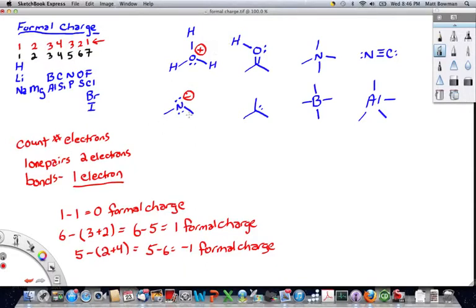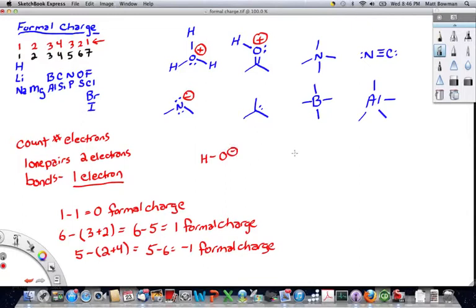Nitrogen, 2 bonds, when it's supposed to have 3, negative. What you should be able to get to the point is whenever you see an oxygen with 3 bonds to it, you should automatically think of that oxygen as positive. If you have an oxygen with 1 bond to it, such as hydroxide, you should think of that as negative.